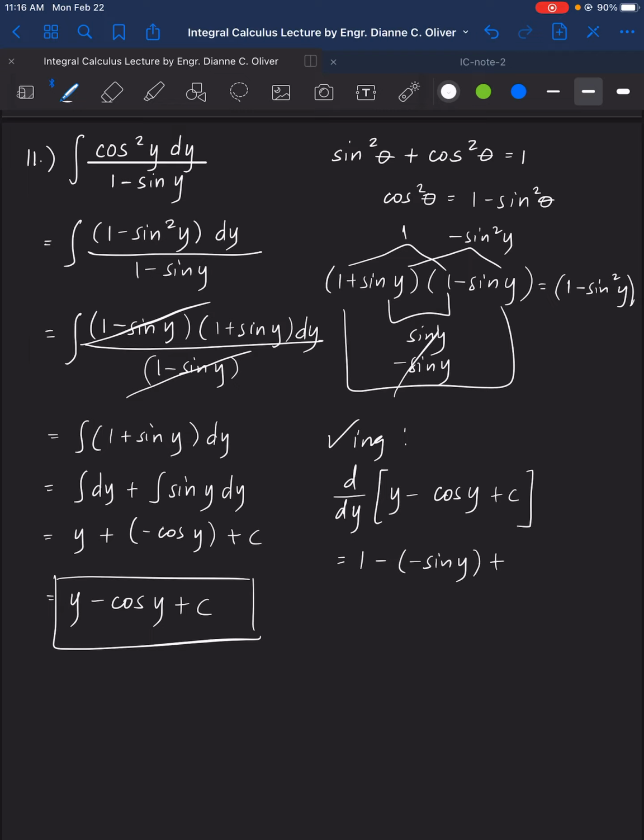Derivative of constant c is 0. So the final answer is 1 plus sine y, which is equal to this part here. So the answer here is correct. So that is for number 11.